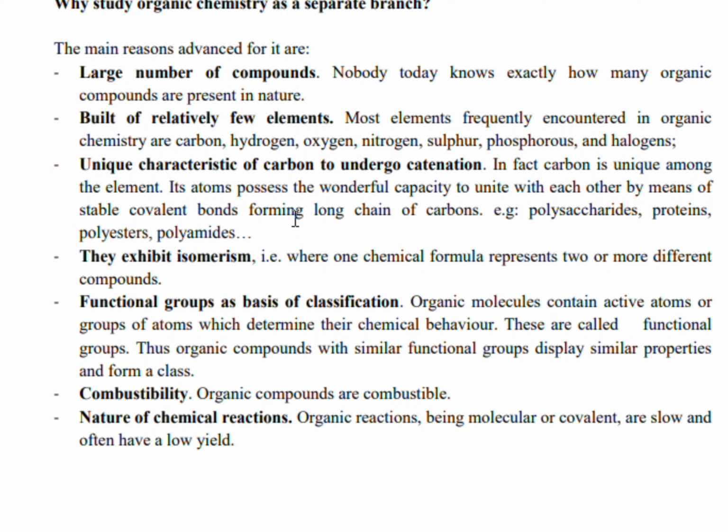Number 4, we say that they exhibit isomers, many isomers. We have many isomers in organic compounds. So this one is also a reason why we have to study organic chemistry as a separate branch. Number 5 is the functional group as the basis of classification.